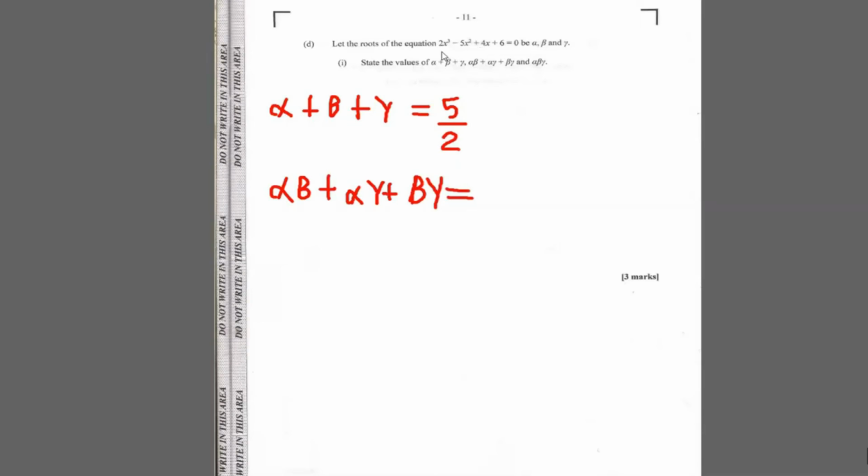C is 4, a is 2, 4 over 2 is 2. Then the product by 3, which is just the product of all the 3 roots, alpha, beta, gamma, is minus d over a, negative 6 over 2, which is minus 3. So good.